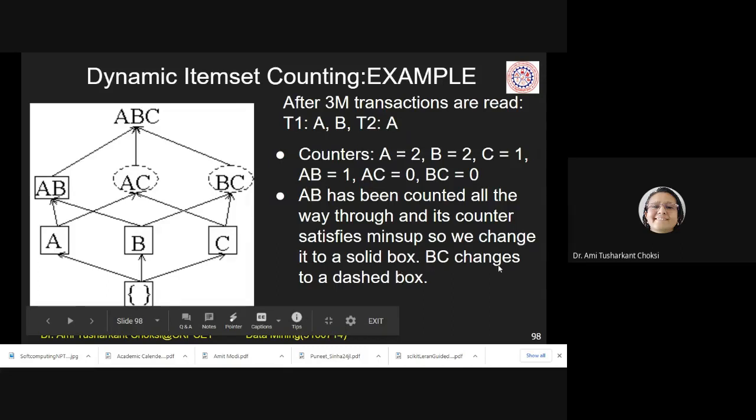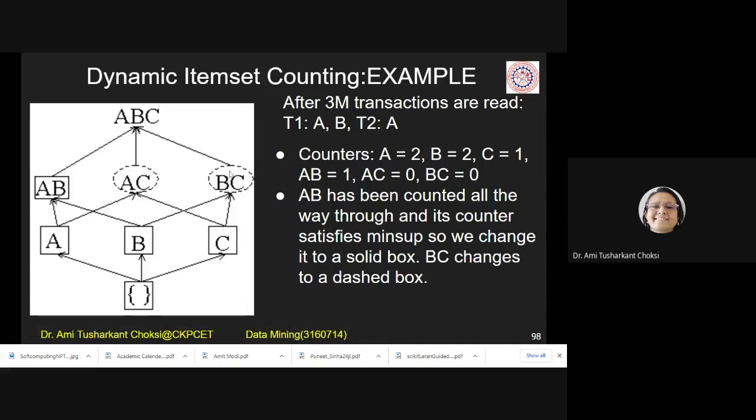BC changes to a dashed box. Can we have that here? Should we change it to a dashed box? Do we have anything here that is having one count or two count?